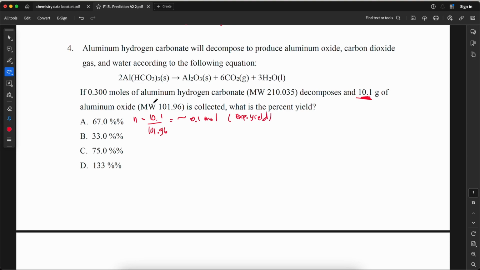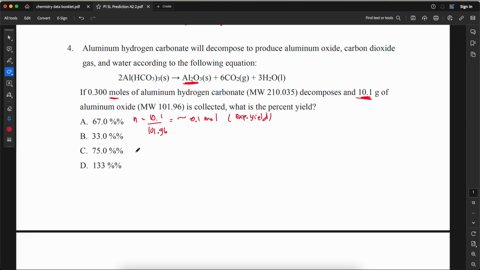And then to get the mole of aluminum oxide, the theoretical yield, we can do it by using the mole ratio from the mole of aluminum hydrogen carbonate.